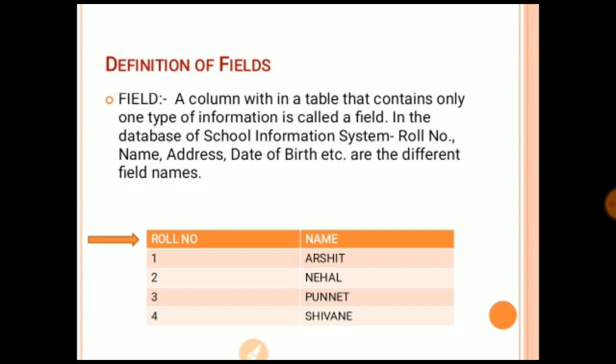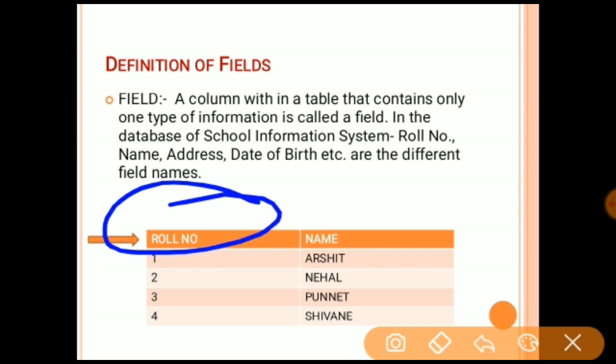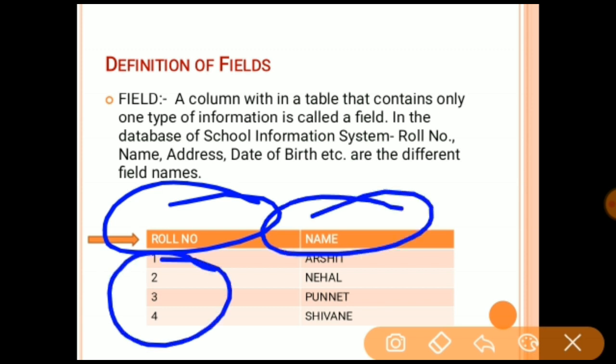Roll number and name is a particular specification. You can say that in the roll number field you are only allowed to write roll number values, and in the name field you have to write down the names only, right? So in the database of the school information, roll number, name, address, date of birth, etc. are the different field names.